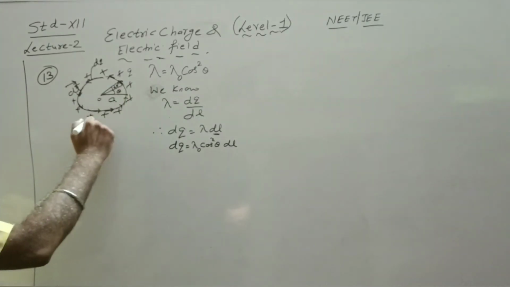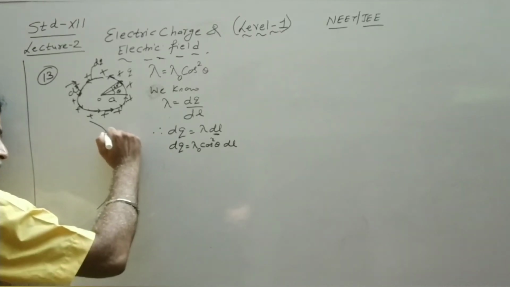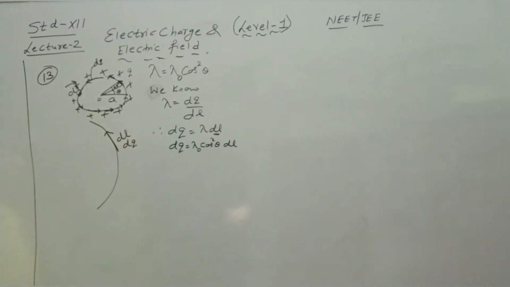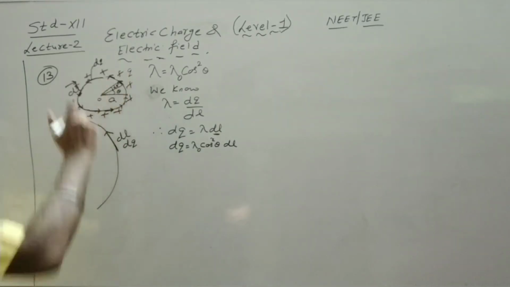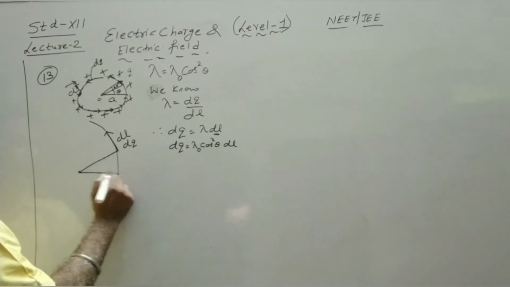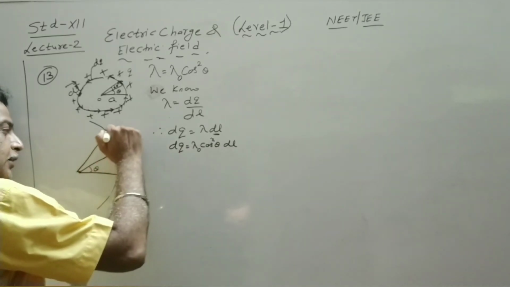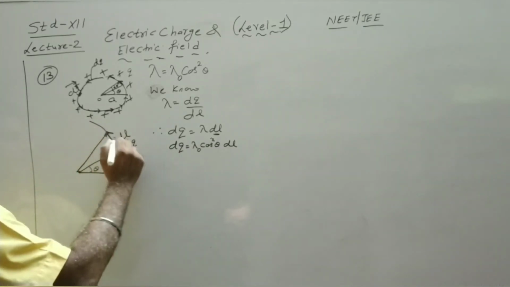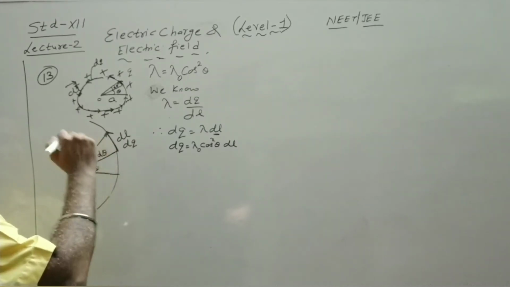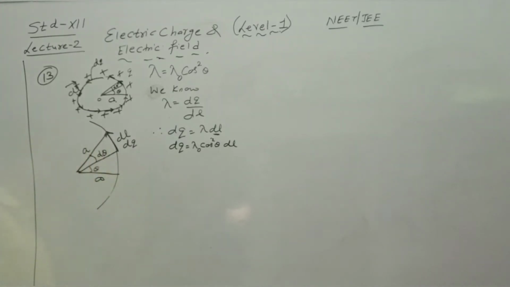Let us enlarge this diagram. I have drawn this line element dl having charge dq. The elements are infinitely small. I join the tail with the center, this angle is theta, the element length is dl, the angular displacement is d theta, and the radius is a.